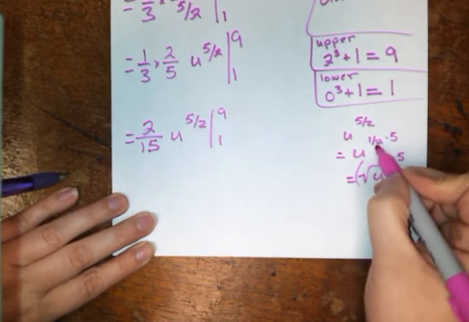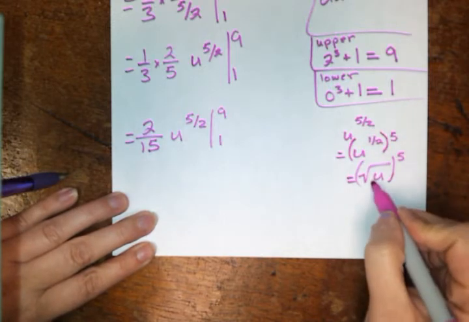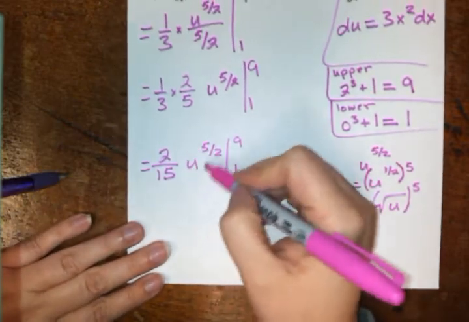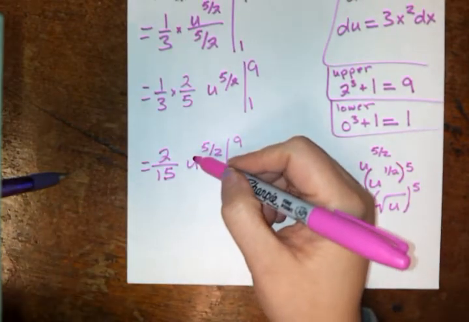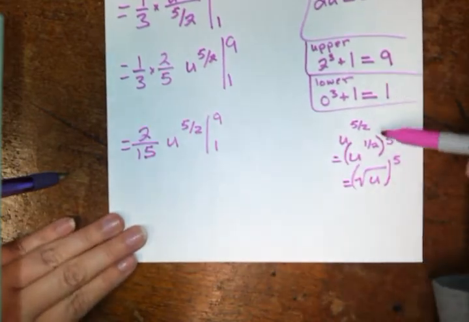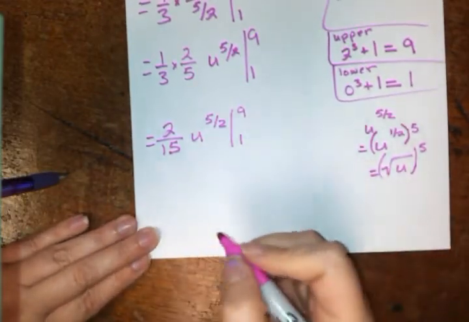I'm taking the square root of u and raising it to the 5th power. A lot of times you'll run into trouble with these, especially if you're dealing with negative numbers, trying to plug it into your calculator, so it helps to know that 5/2 is just the square root to the 5th power. So let's go ahead when we plug stuff in and do it that way.